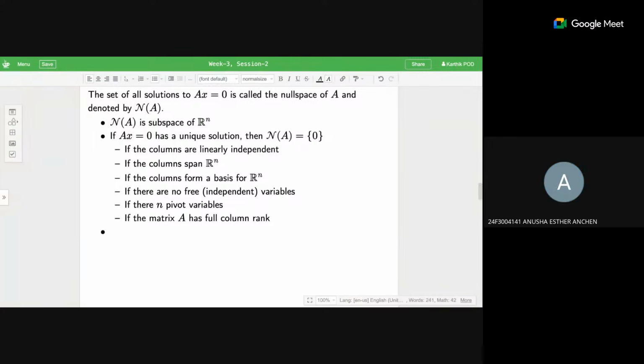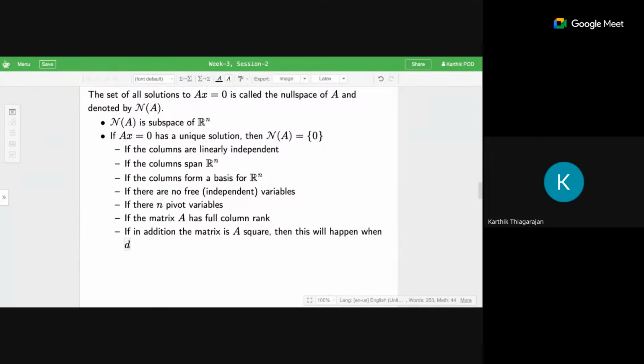The determinant is non-zero. So if in addition the matrix A is square, non-singular, then this will happen when the determinant is non-zero, or when A is invertible.